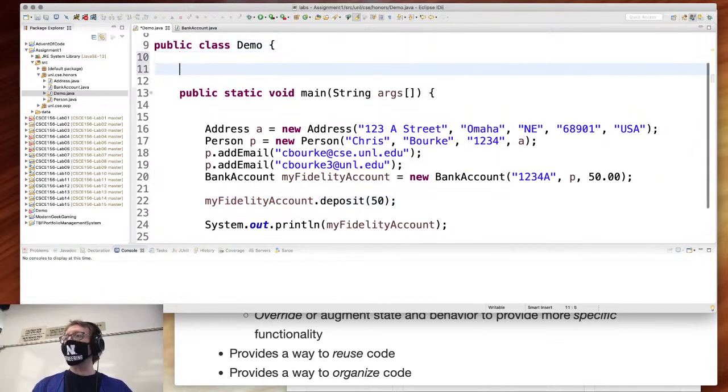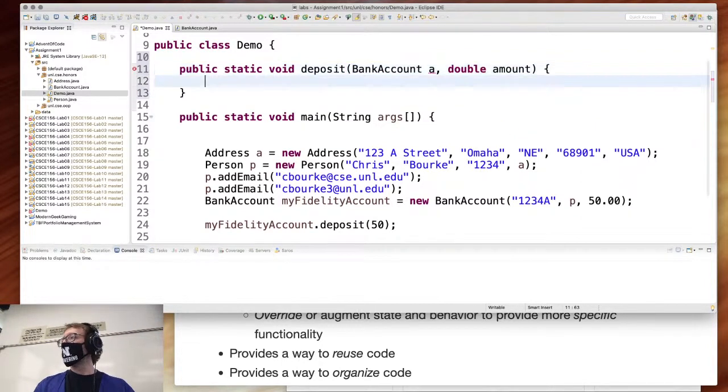If I had some sort of a public static void deposit method, where I took a bank account, A, and the amount that you wanted to deposit, amount, right? I took those 2 things and then I ripped open the class. I'm nowhere near the class right now, but if I ripped open the class and I said, give me your balance, and then I'll add this to it, and then I'll set the balance.